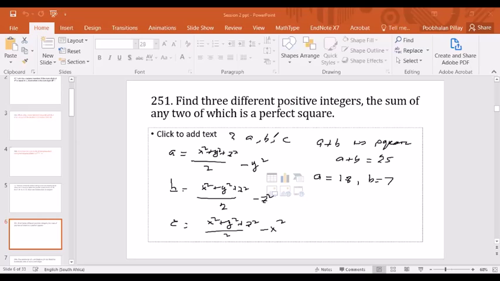Now, can we find C? That's the problem. Such that 18 plus C and 7 plus C are both squares. So that becomes a question. Can we find C such that 18 plus C and 7 plus C are both perfect squares?